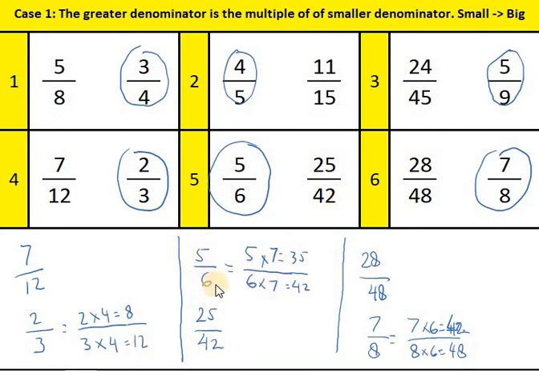When I convert this 5 out of 6, the result is 35 out of 42, and this is greater. Same thing again, 28 out of 45 and 7 out of 8. 48 is a multiple of 8, so I just convert the 8 to 48, and the result is 42 out of 48. And this is greater.